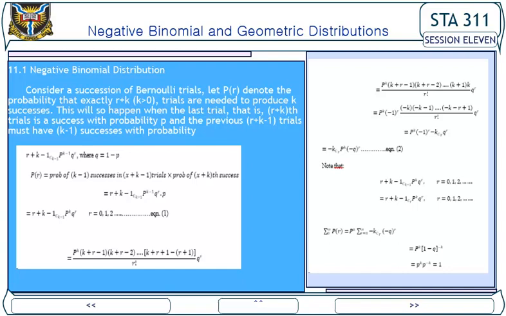P of R is equal to the probability of K minus 1 successes in R plus K minus 1 trials times the probability of a success.